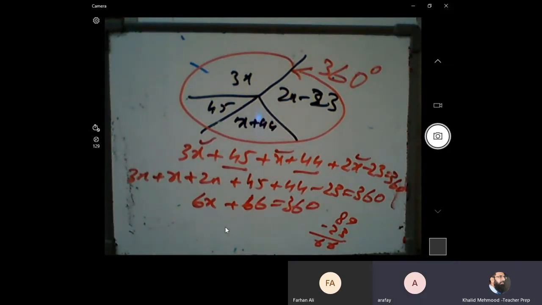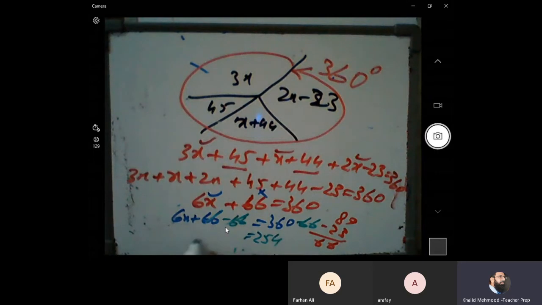Now in this equation we can see that this is a right place, this is a wrong place, so we need to remove this. So 6x plus 66 is equal to 360. And now we'll be removing it: minus 66 and minus 66. So it cancels. So 360 minus 66 is 294. Sorry, I said 254, it's 294. So 6x is equal to 294.